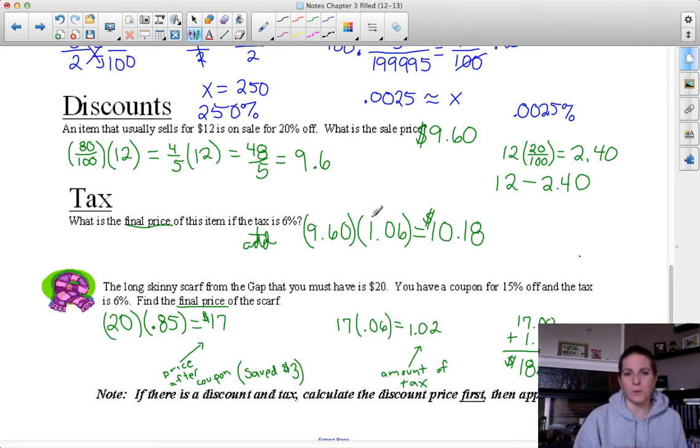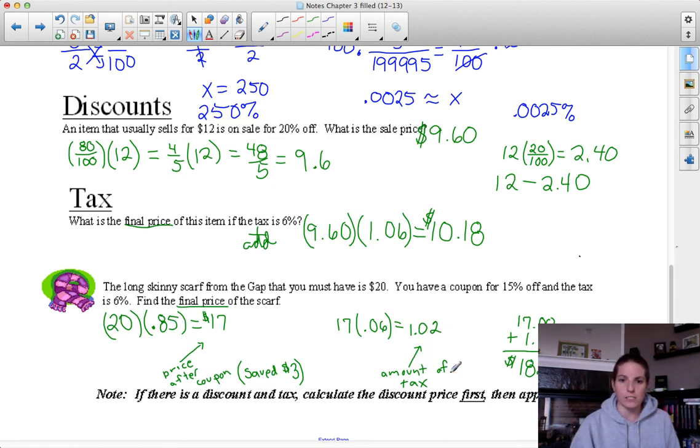Okay, hopefully you went through and did that whole problem. But I want to point out a couple of things to you because if I remember correctly from the way this question is on the test, I don't want you to be tricked by anything. Make sure you read the question so that if they ask you the price after the coupon, then we would give them the $17 mark. If they ask me how much I would save, $3, and they would have just used the 0.15 or the 15 over 100 here.